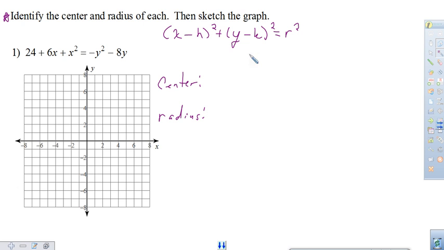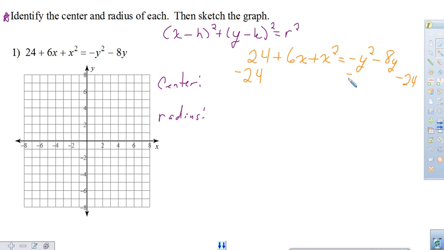So we're going to take the equation that we have, and we're going to rearrange it. What you need to do is make all the variables go on one side, like these guys have variables with them, letters with them, and all the numbers go on the other side. So I'm going to subtract the 24 over to this side.